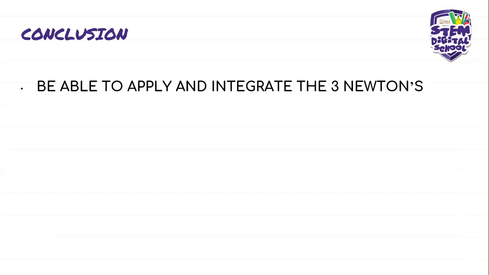And it will also integrate Newton's third law of motion. Why? Because when we deal with objects, there is an interaction between them and they exert forces on each other. Hence we need to integrate the three Newton's laws, so let us be able to apply and integrate the three Newton's laws of motion.